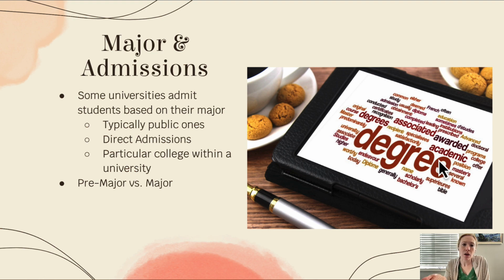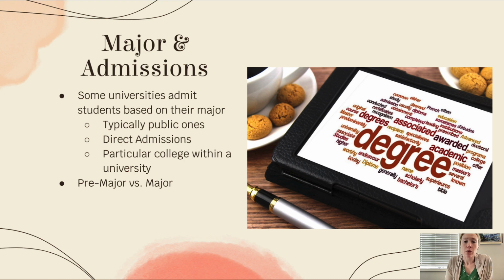Most commonly, colleges or universities that do this are public universities. This happens because so many people are interested in a particular major that they have to limit the number of people who can participate, because if they do not, not everyone can get the courses that they need in order to graduate with that major.